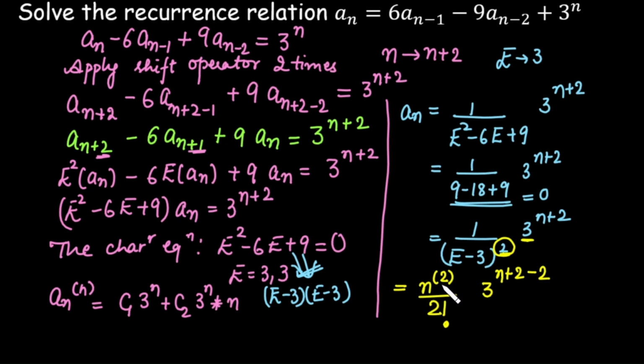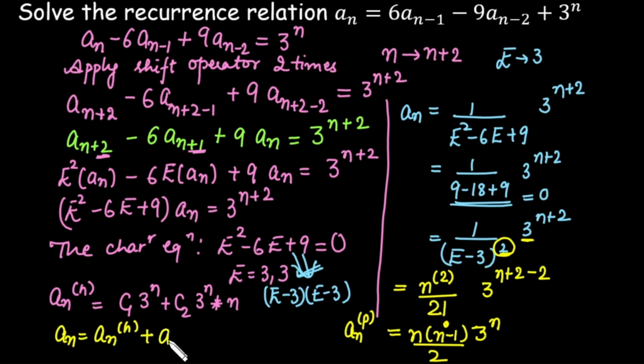N raised to power 2 factorial polynomial means we need 2 terms from the factorial, that is n into n minus 1, divided by 2 factorial is 2, and here we have 3 raised to power n, and this is the particular solution for this recurrence relation. So the final solution for this case is homogeneous solution plus particular solution.